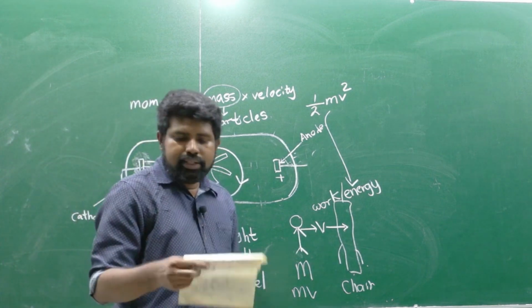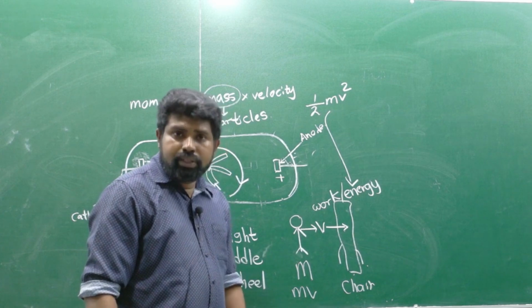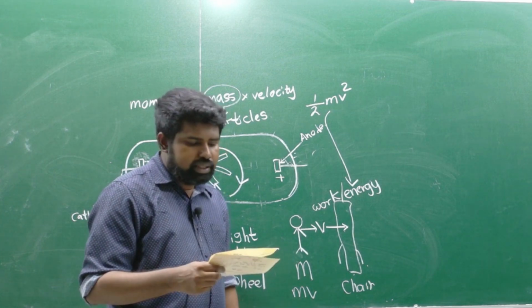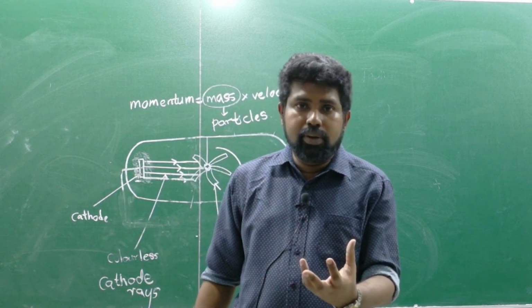Then the next property which was found by Thomson, write down the number 3. Cathode ray particles. Now we can call them particles because they have the particle nature.